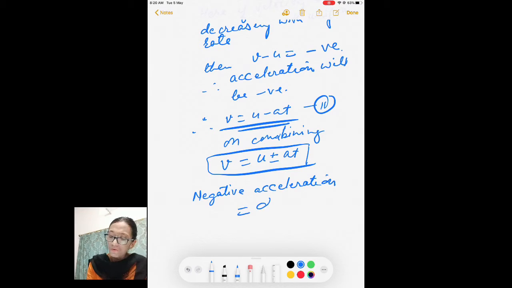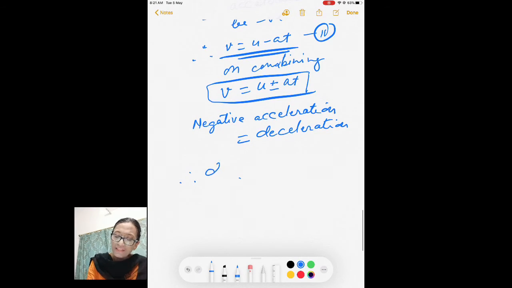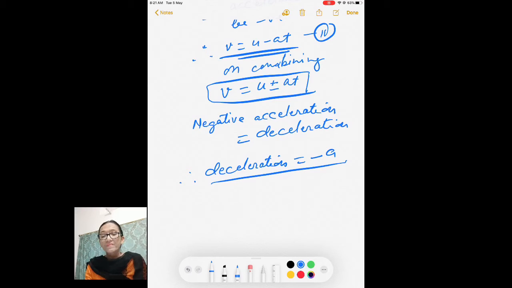Therefore deceleration is equal to minus acceleration. So if deceleration is positive, acceleration will be negative. So this is your first equation of motion.